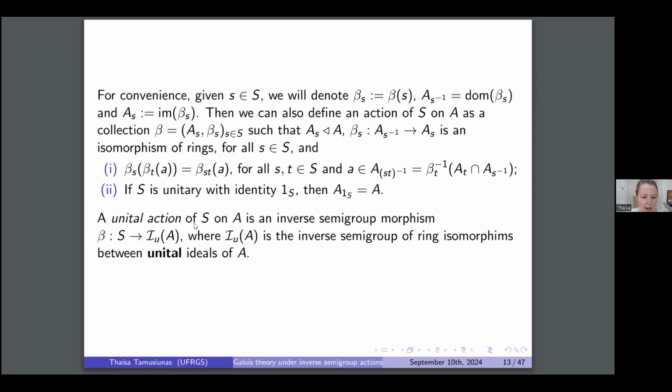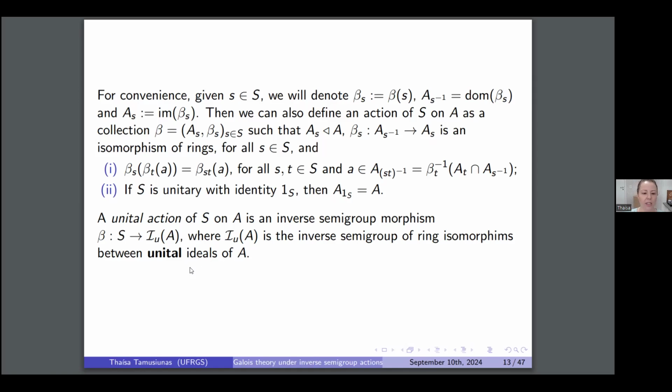A unital action of the inverse semigroup S on A is defined as a morphism from S to this set, I_u(A), the inverse semigroup of isomorphisms between unital ideals. By unital ideals, I mean that the ideals are generated by central idempotents.